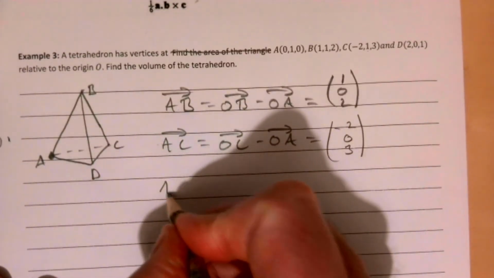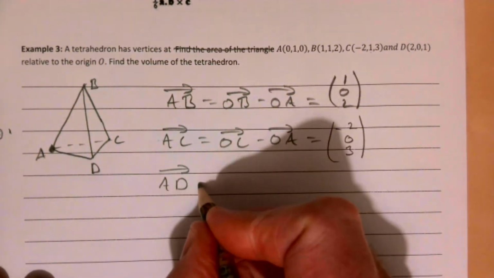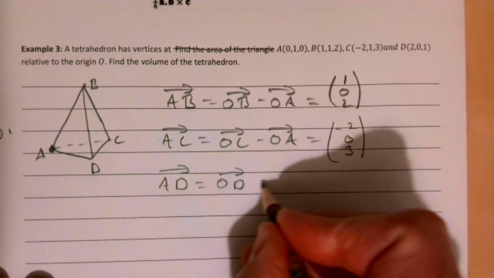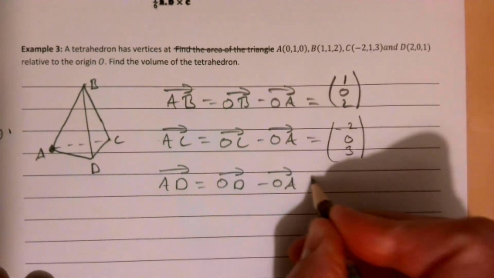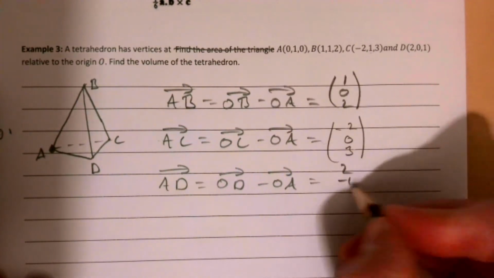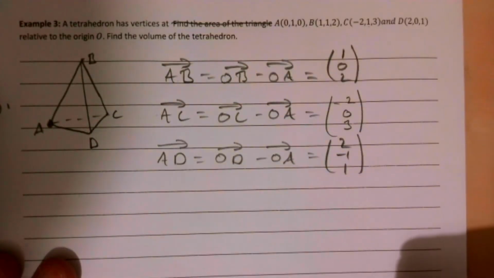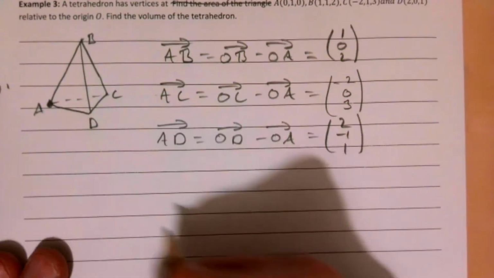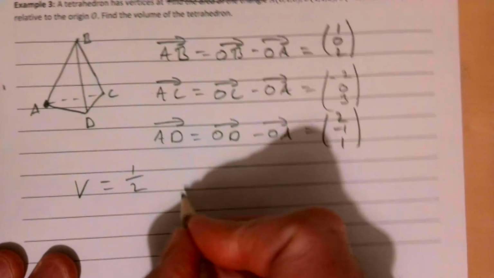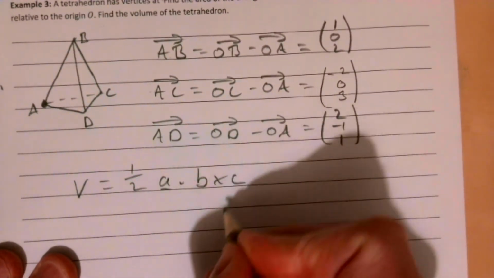And then AD is O to D minus O to A, so that's 2, 0 minus 1, 1, and we end up then with that. So our volume then is going to be a sixth of A dot B cross C.